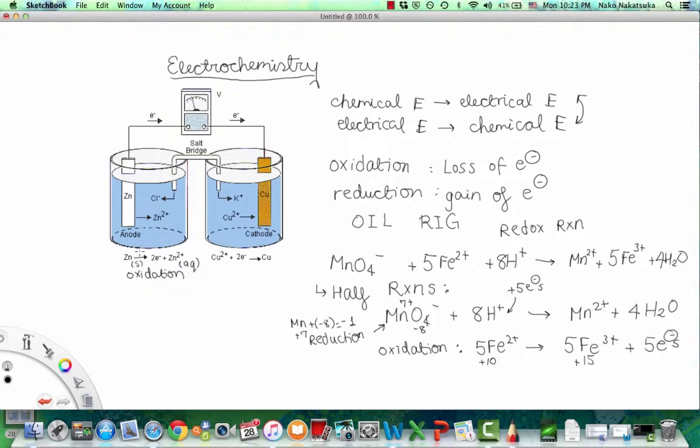So now these electrons that were lost, these 2 electrons, go into this circuit through the wire and travel from the anode to the cathode. And in the process, it goes through a voltmeter that can measure the current. So it flows into the cathode, gets gained by the copper 2+ in the solution, and forms solid copper.